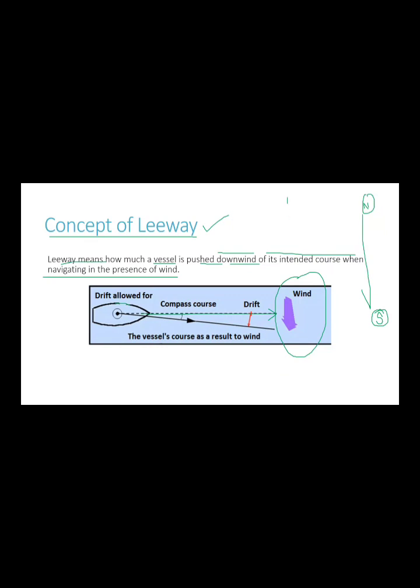Now beta, let us say we have a current in the area. Current is represented by 3 arrows. If the current is also coming in the same direction, from north and going to south, what will we call this current? Southerly, sir. Very good, beta.